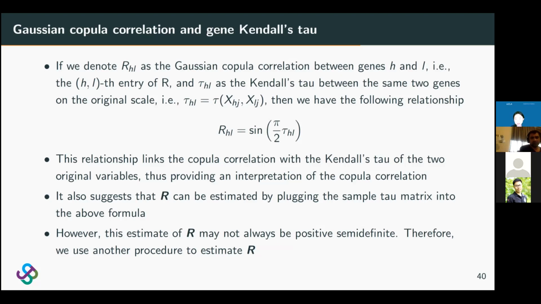This also suggests that if you want to estimate the Gaussian copula correlation, you could calculate the Kendall's tau between two genes, insert it here, and then calculate the Gaussian copula correlation. However, we don't recommend this approach, because if you do that pairwise for genes, the resulting correlation matrix may not always be positive semi-definite, and that would not be ideal.